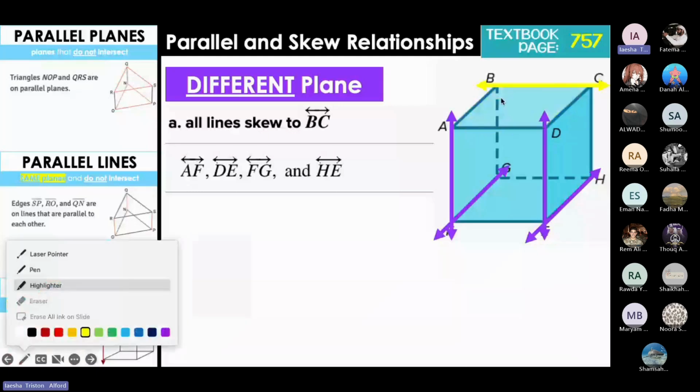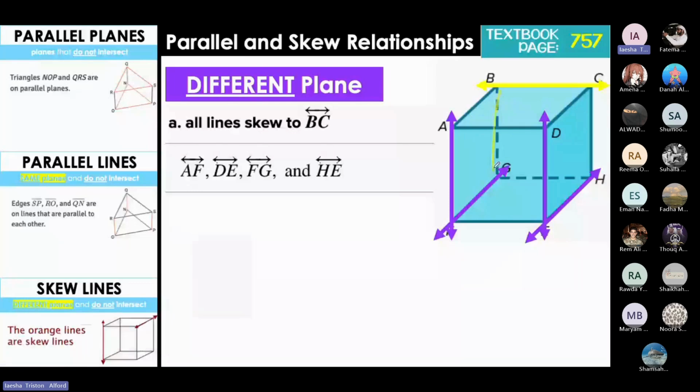You also cannot use this one in the back. This one in the back is also with BC. You cannot use any letter or line that is touching this yellow square. It has to be in a different square.